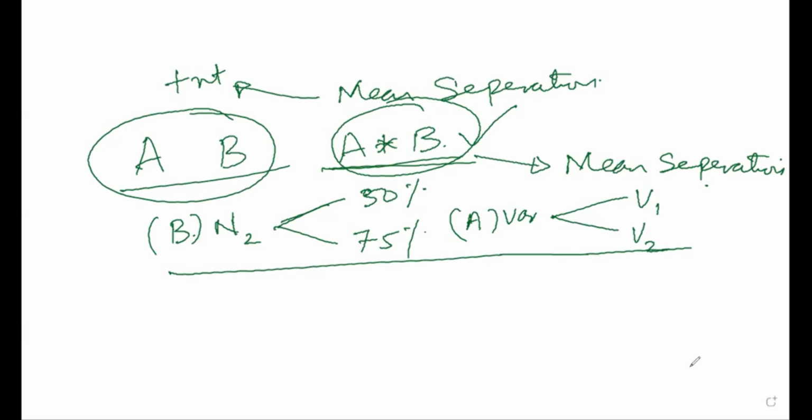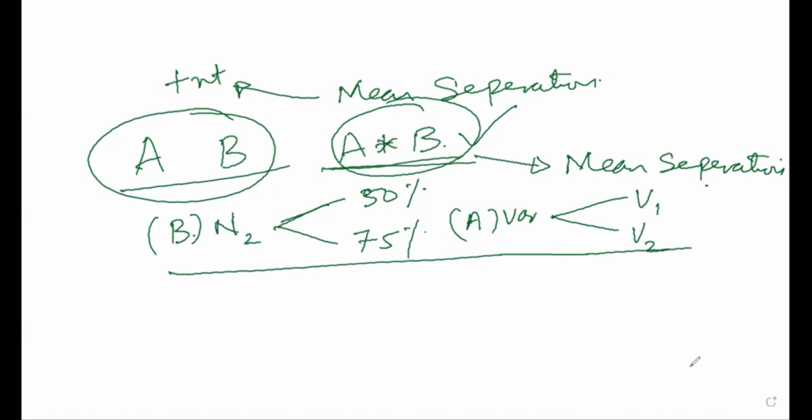Here, you see, that is what the interaction says. That is important. If you are looking at which combination is better, that is not the result.